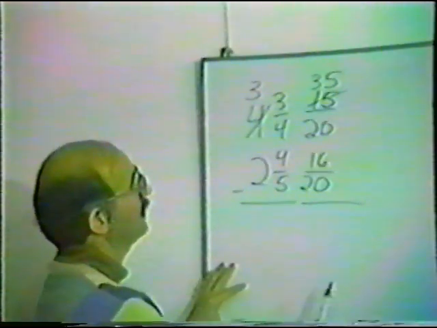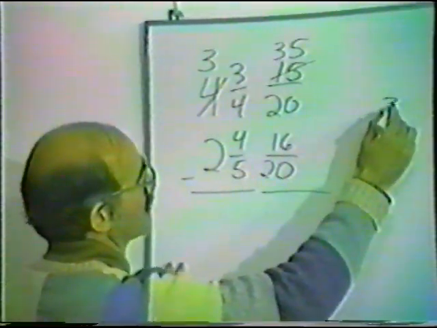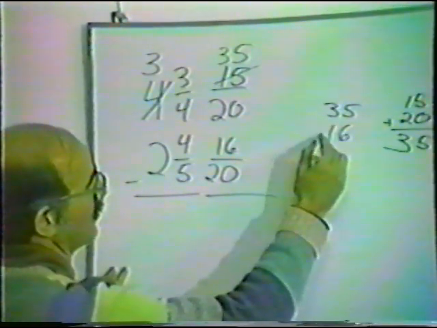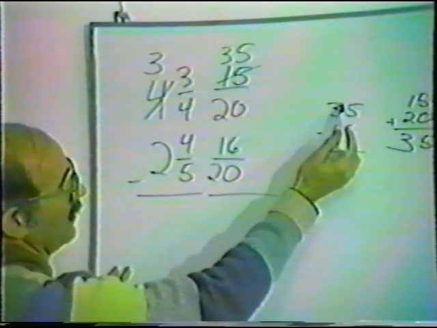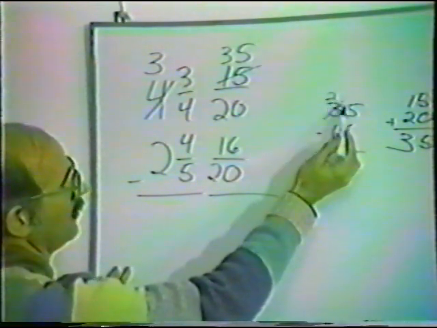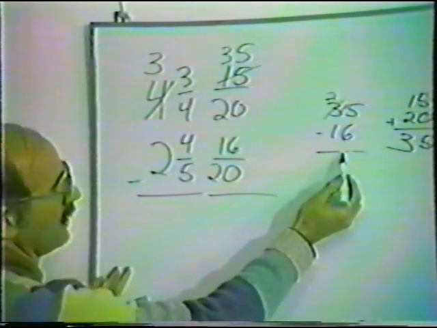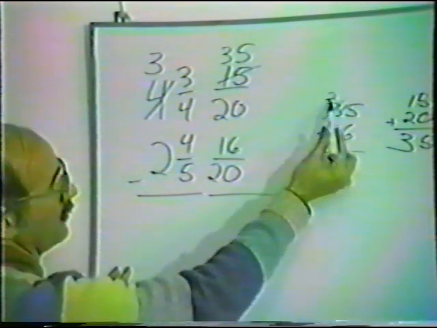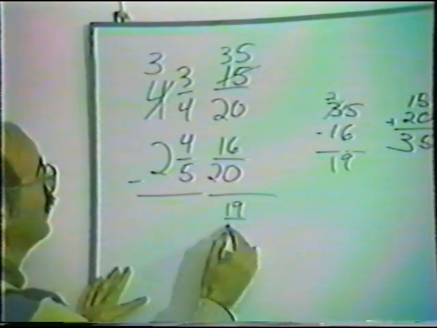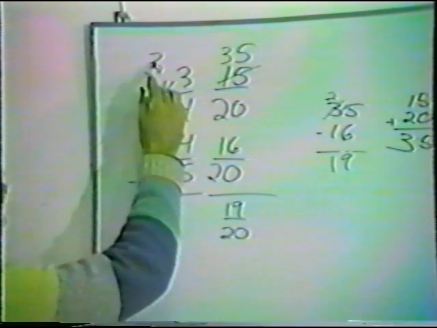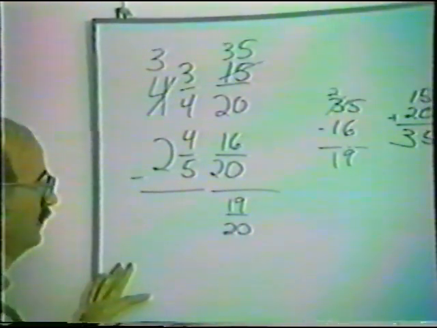Now we have to do 35 take away 16. 5 take away 6. Can't do. The 3 becomes a 2, so the 5 can be a 15. 15 take away 6 is 9. 2 take away 1 is 1. 19 20ths. 3 take away 2 is 1.